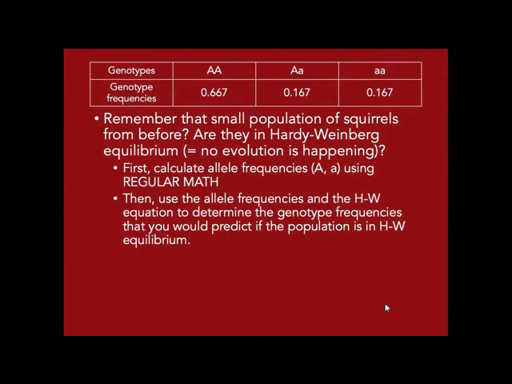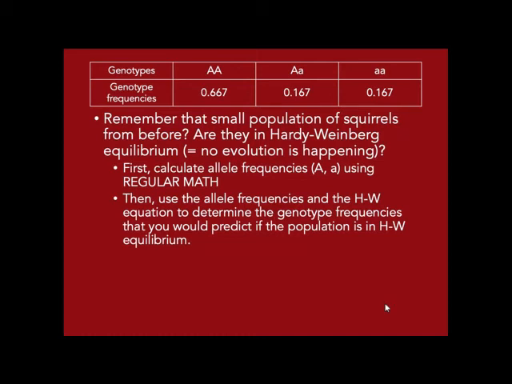All right, so let's do a little bit of a problem here. So remember that little population of squirrels from before? The question you want to know is, are they in Hardy-Weinberg equilibrium? And what you're really trying to figure out is, are they a population in which no evolution is happening? All right, so the first thing we need to do is calculate out the allele frequencies of big A and little a using just regular math, okay?